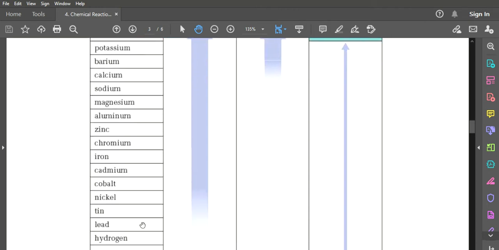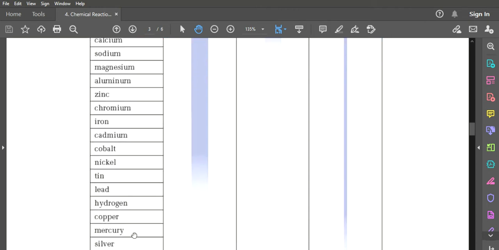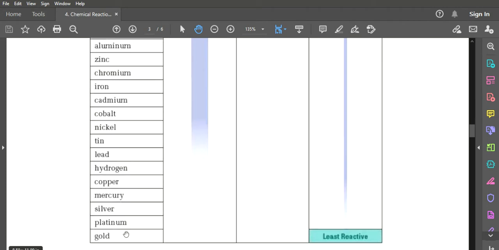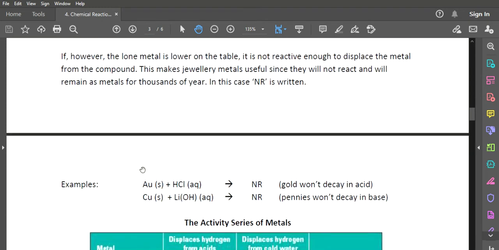There's hydrogen. It's pretty low, but gold is the lowest. So no matter what, gold doesn't have the ability to push hydrogen out of the bonds it has in that compound. Hydrogen is higher, so hydrogen's going to be part of the compound. It already is part of the compound.